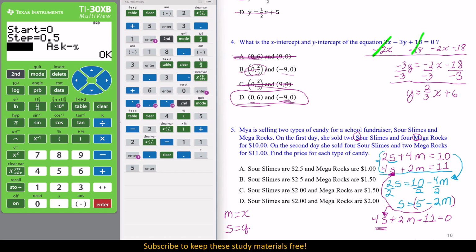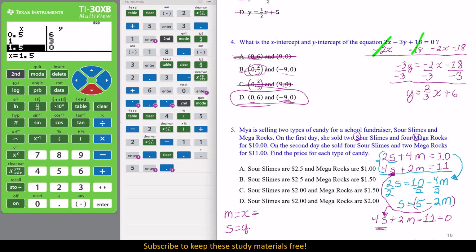Okay, now enter, enter, enter. And I got to keep going because remember, oh, there it is. I'm looking for the 0. So that means X or my M, my mega rocks, should equal $1.50. Okay, so that eliminates D and A.